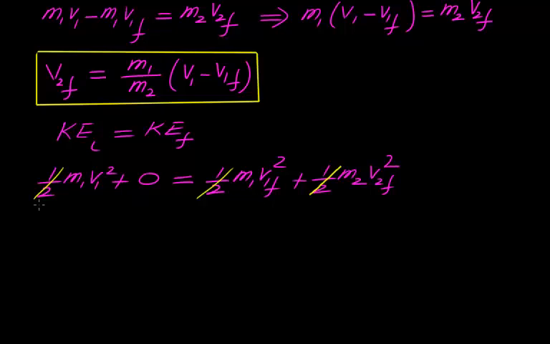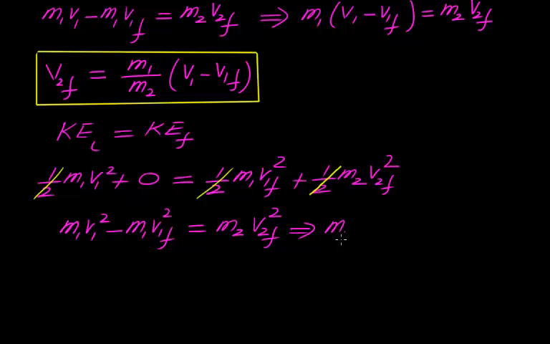Like we did before, let's move the like terms to one side of the equation. m1 v1 squared minus m1 v1 final squared equals m2 v2 final squared. Like we did before, let's factorize m1 on the left-hand side of the equation.